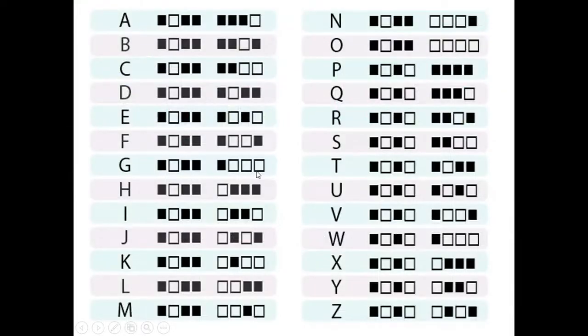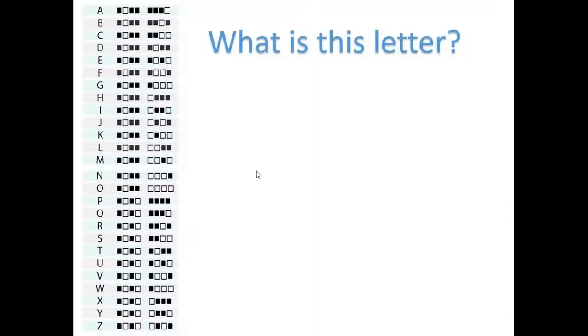You can also use this to represent letters. So here we have the blacks representing offs or something that's dark, and we have the open squares representing our ons, something that's light. So I'm going to put up some symbols here, and I want you to figure out the letter that's associated with it.